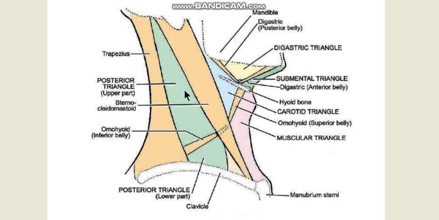You have the lesser occipital nerve in this direction, that is carrying fibers of C2. You have the great auricular nerve, that is fibers of C2, C3. You have the transverse cervical cutaneous nerve, again fibers of C2, C3, and the supraclavicular nerves going below, carrying fibers from C3 and C4.